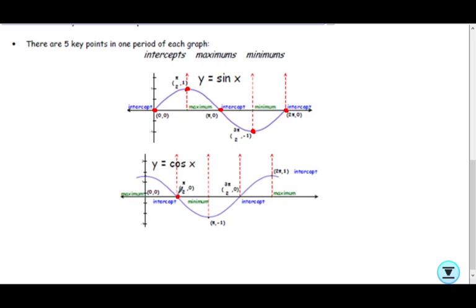Cosine, on the other hand, has 2 intercepts, this minimum, and these 2 maximum points. Okay? Those are relative maximums, not absolute maximums. So they both have 5 key points. The difference is that sine has 3 intercepts and a maximum and minimum, where cosine has 2 intercepts and then 3 relative maximum and minimum points. Okay? All right. So pretty easy stuff so far.